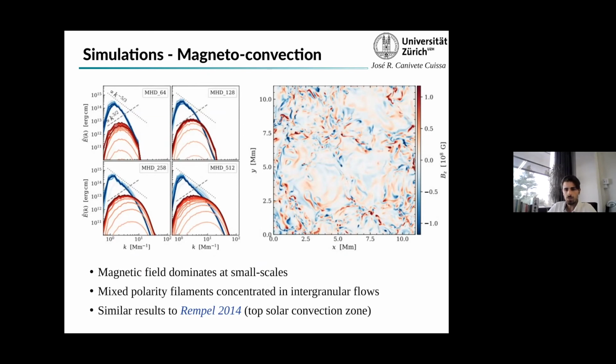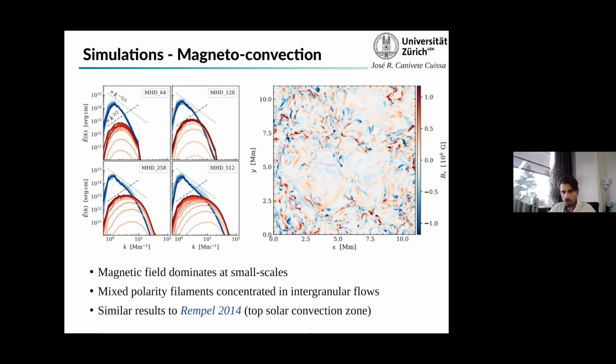This can also be observed in this plot, which is again a horizontal slice near the top of the convection zone for the vertical magnetic field. And you can see the magnetic field is characterized by these strong small scale filaments with often very close mixed polarity filaments, which are concentrated in intergranular flows.